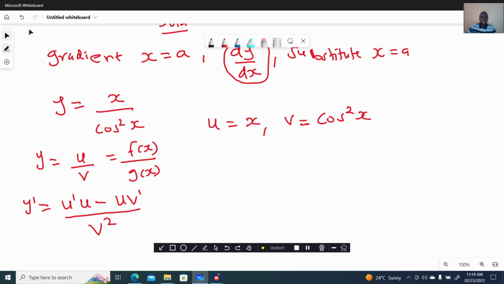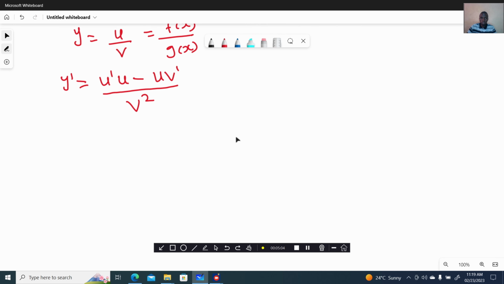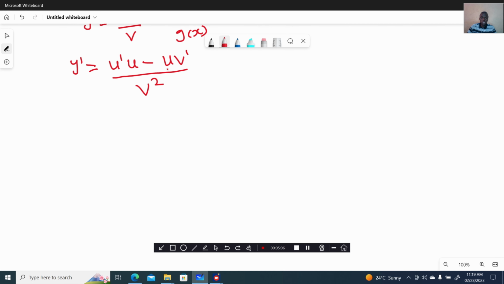Okay, let's start off quickly. So this is what you're having. It will be: x derivative, we differentiate the value of x, we multiply by cosine squared of x, minus x, we multiply by the differentiated value of cosine squared of x.